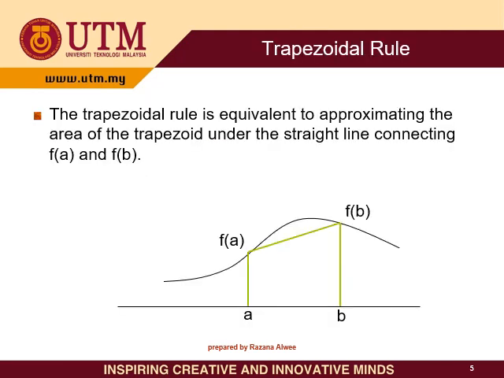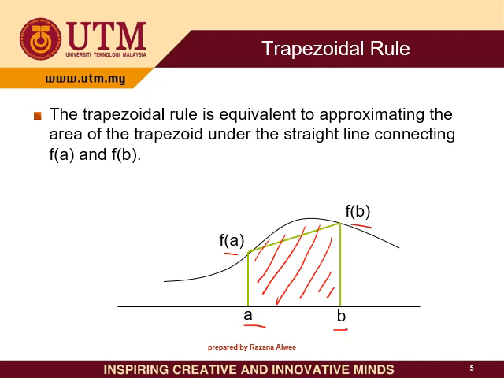The first rule that we're going to see is the Trapezoidal Rule. The Trapezoidal Rule is equivalent to approximating the area of the trapezoid under the straight line connecting FA and FB. As I mentioned before in the introduction, we want to find the area under the curve here. So we can do it using a trapezoidal rule between FA and FB, and A and B here.